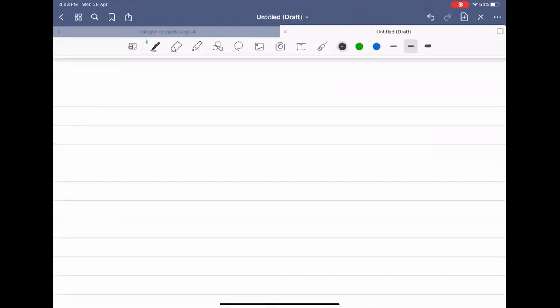The SNi reaction. See, there are certain substitution reactions which occur in a single step. And you might think, oh, single step, it should be SN2. If it is SN2, then the configuration should be inverted. However, there are certain reactions which occur in a single step, but the configuration is 100% retained.